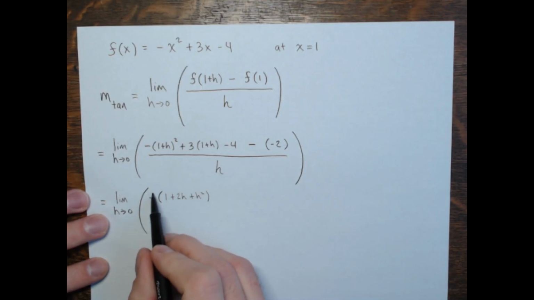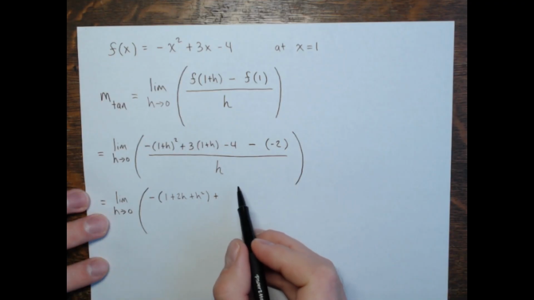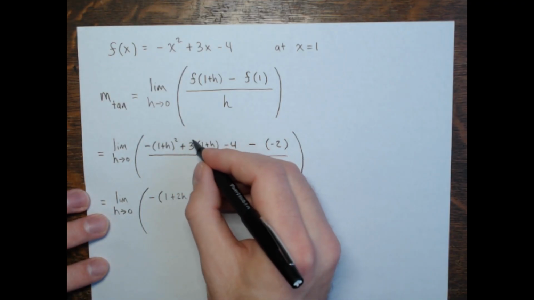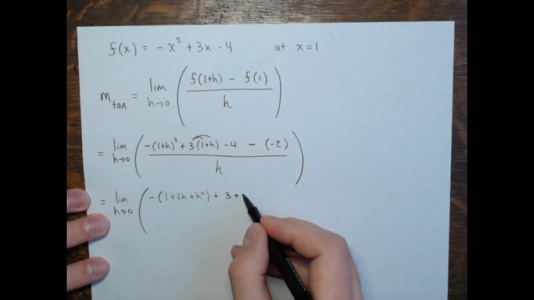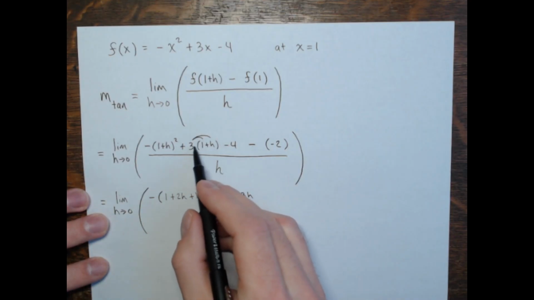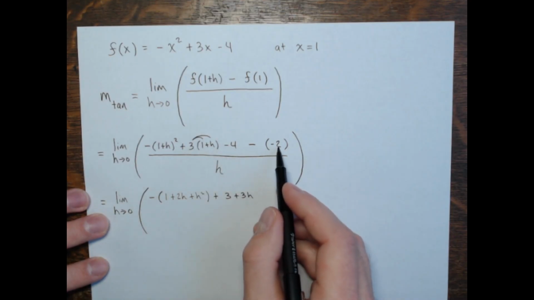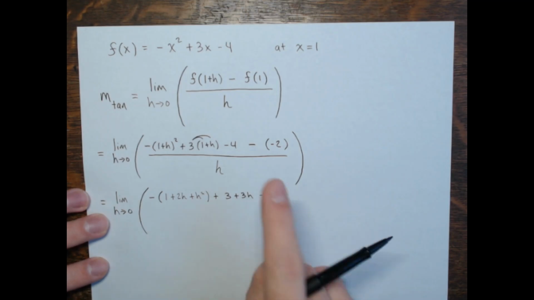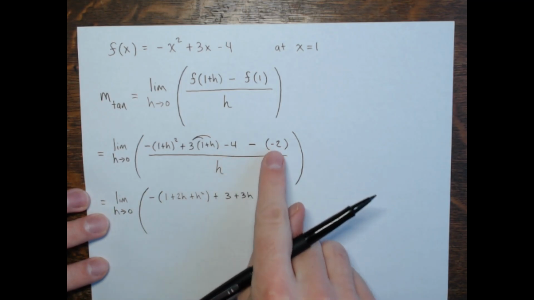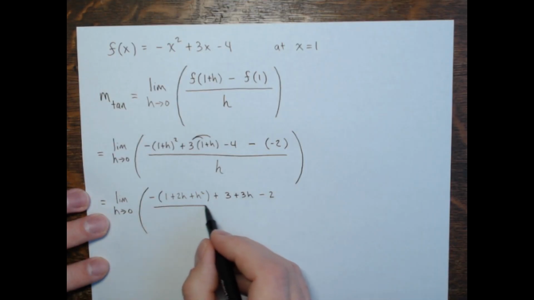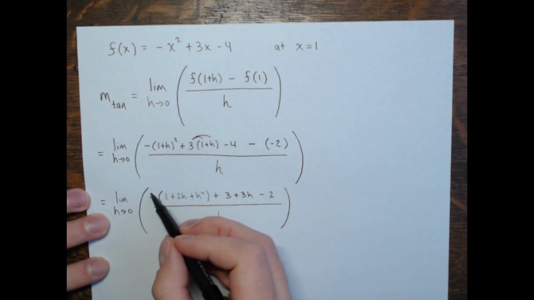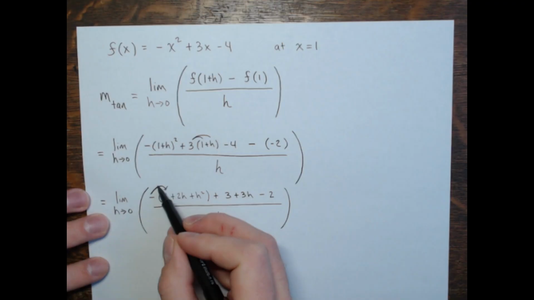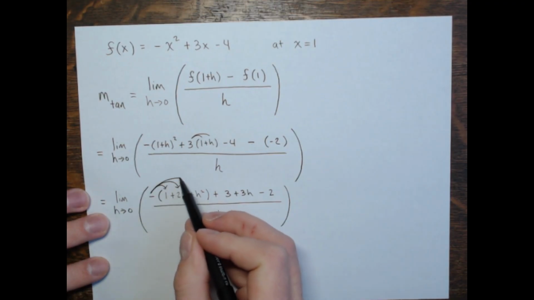But we're going to distribute the negative there in a second, and then plus all this. You know what, I'll do this distributing of 3 here. So you got plus 3 plus 3h, right? 3 times 1, 3 times h. And then minus 4 plus 2 would be minus 2. Right, minus 4, and then this would be plus 2 for minus 2 there. All divided by h. And then we got to distribute this negative, right? We're taking the opposite of this thing squared.